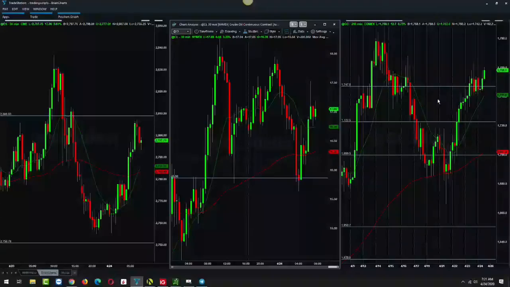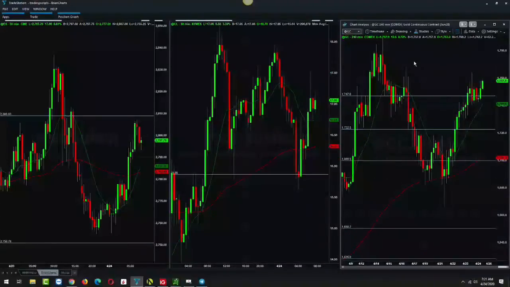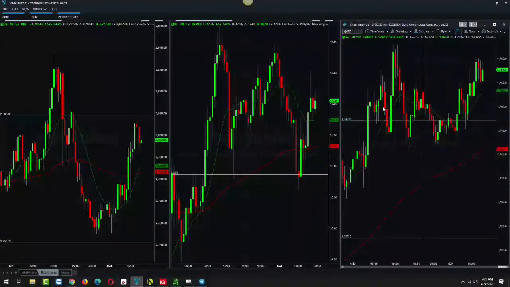Don't worry about it. Over here in gold, what's going on in gold? Well, the 4-hour in gold is up. Our 30-minute in gold is also up. How do we trade that? Just like we talked about yesterday as we were coming into the new regular trading hours, we would either look for a break of key areas, or we'd wait, depending on what your trading strategy is.